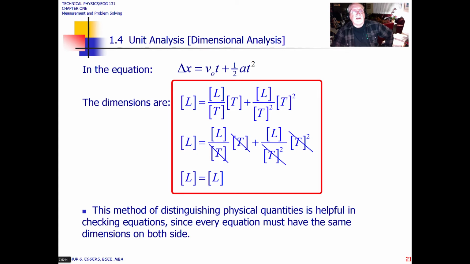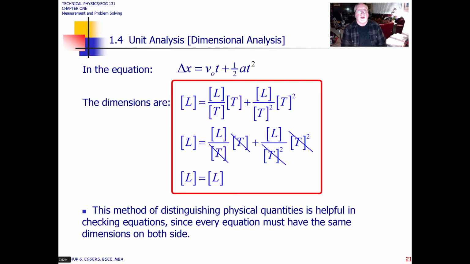And velocity times time is just length over time times time. And then we add a unit of length over time squared times time squared. Notice that the constant 1/2 is removed when we do a dimensional analysis.